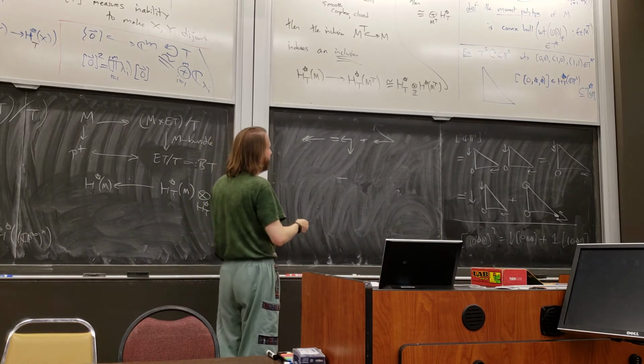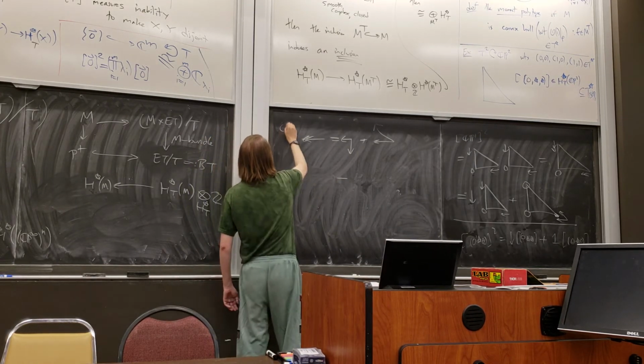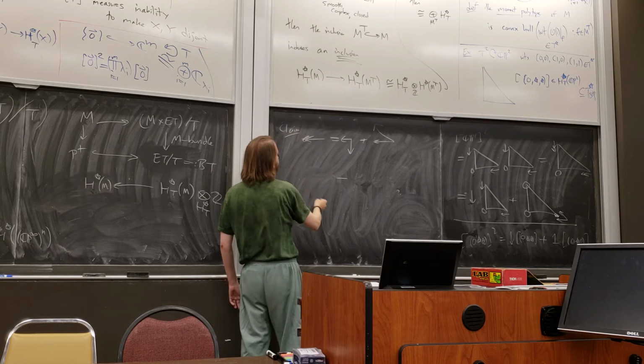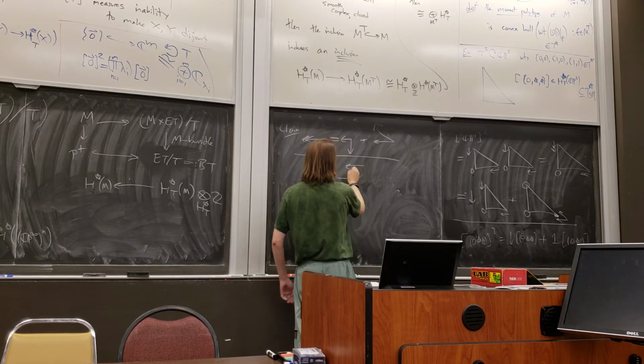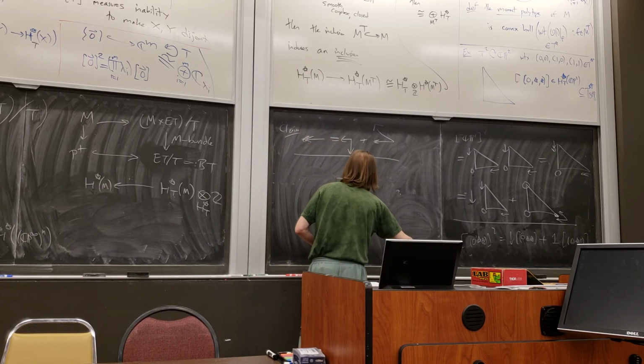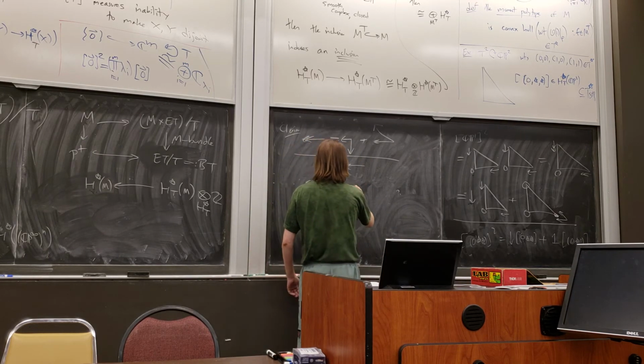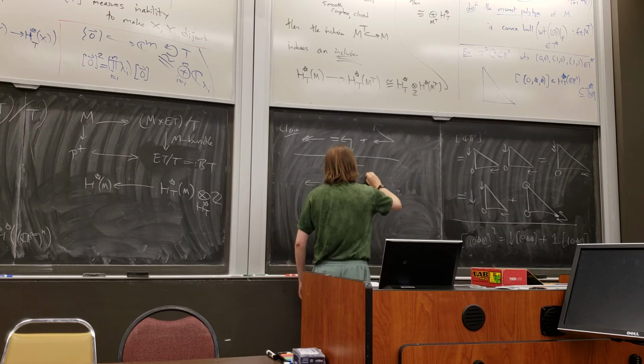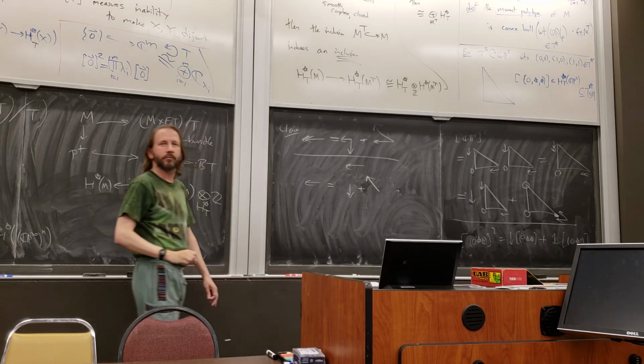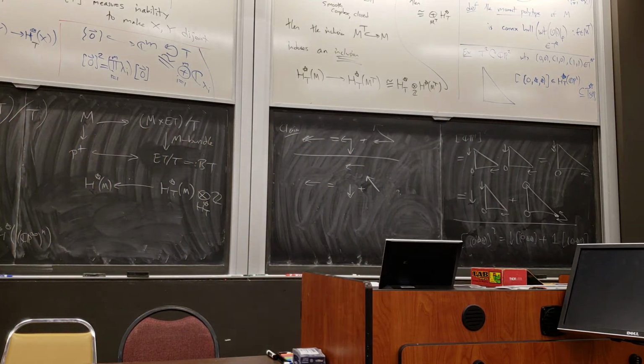So that's the equation I'm claiming. So I claim this, and let me divide everything by this linear factor, and now I'm getting the statement that left is equal to down plus northwest. Okay.